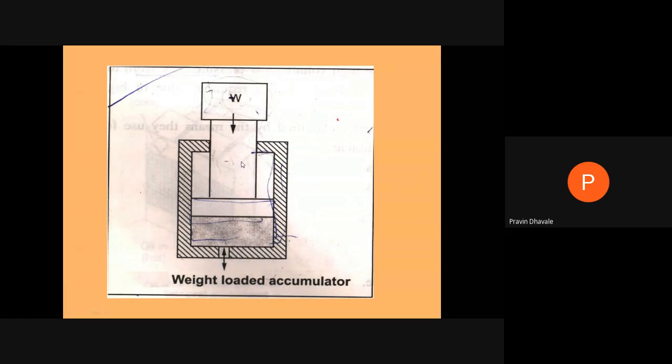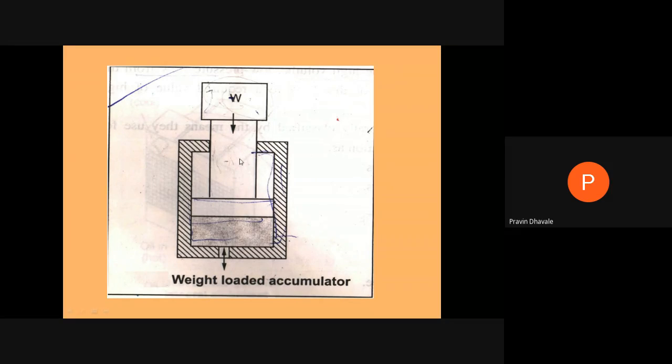In order to avoid the buckling failure of the piston rod, the diameter of this piston rod is made as large as possible. A piston rod has a bigger diameter.